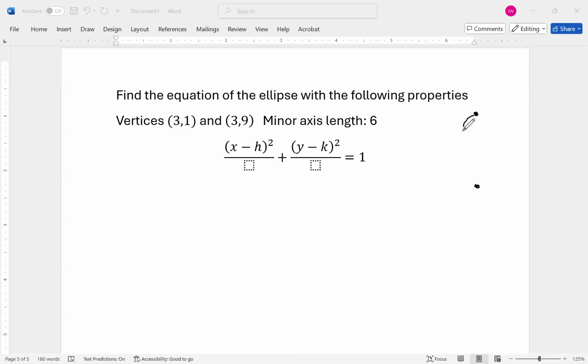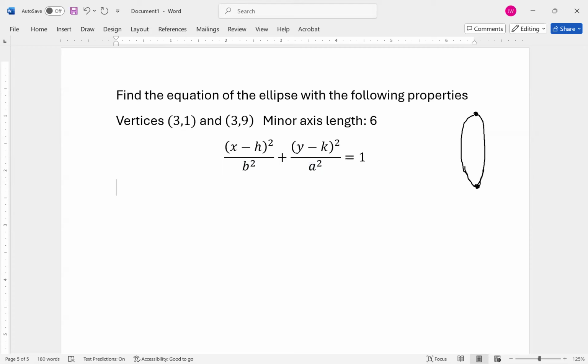And so therefore I know that this ellipse is stretched out more in the y direction than it is in the x direction. So that means the smaller number is underneath the x minus h squared, and the bigger number is underneath the y minus k squared.